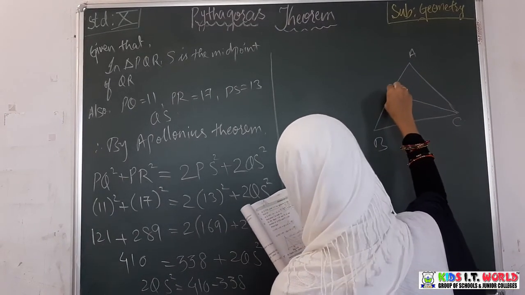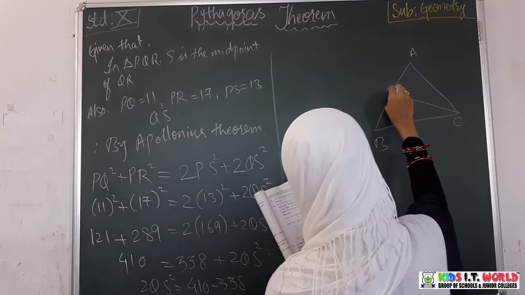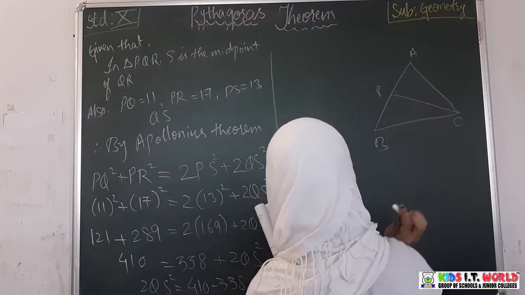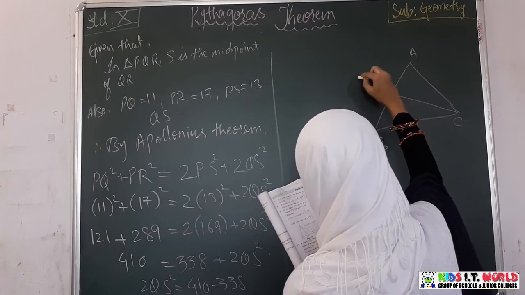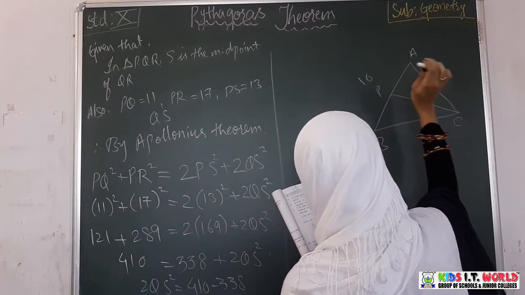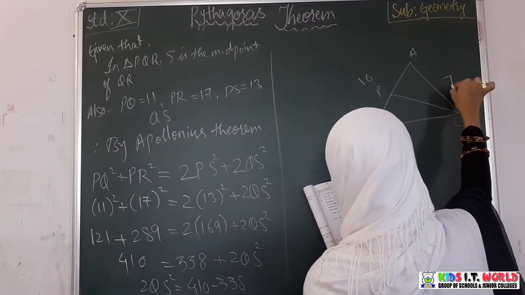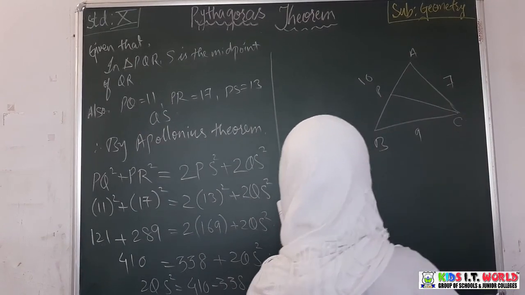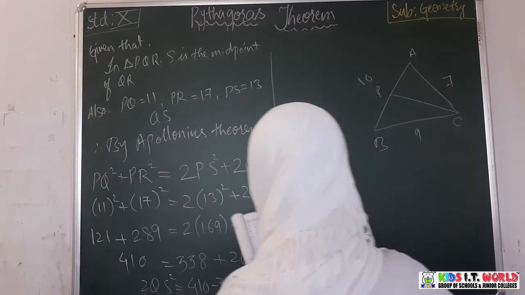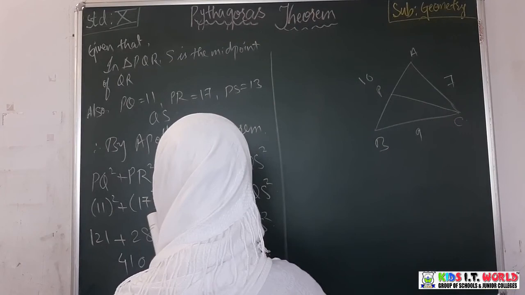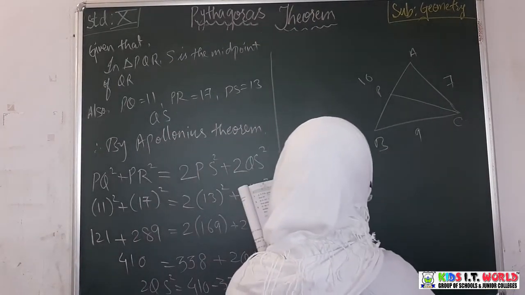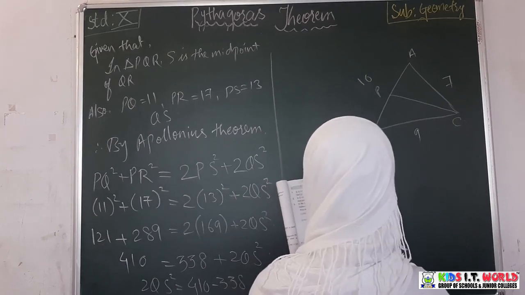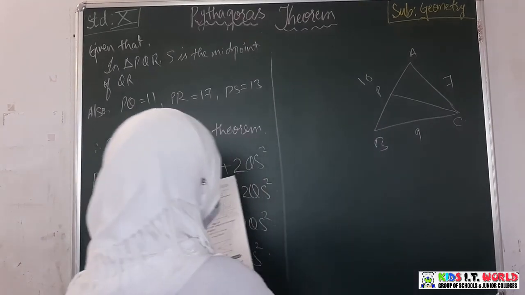First of all, draw the figure. The triangle is ABC. Now the median is drawn from point C to AB. Values are given: overall AB is 10, AC is 7, BC is 9. You have to find the length of the median drawn from point C.